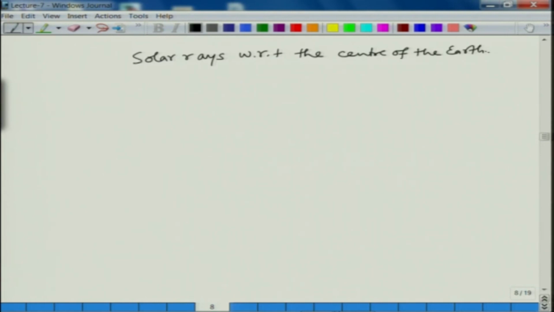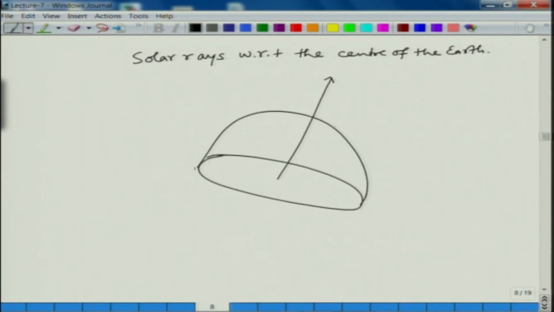We have seen that the earth's rotation axis is at a certain angle with the orbital plane. So, let us say this is our earth, a semicircle, one hemisphere of the earth.